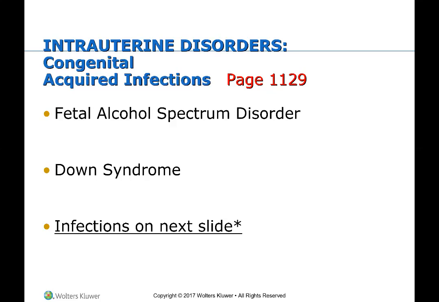So we've talked about some of these already, but teratogenic disorders are something that can harm the fetus, interfere with it growing, interfere with the way that it should be developing. Sometimes it's a matter of the patient, the mother, getting sick. Maybe she gets the flu. Maybe that affects the baby.